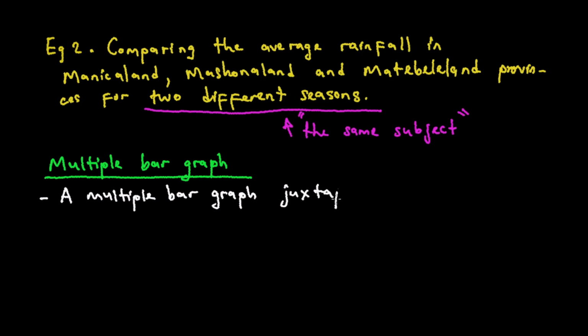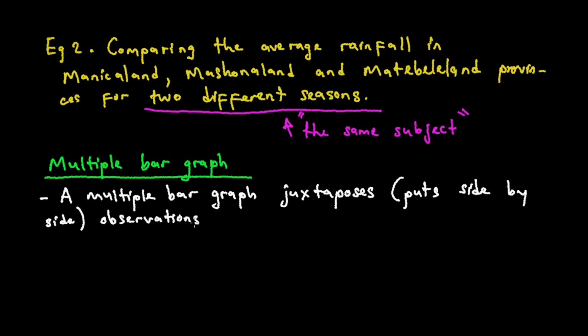This might be a new English term for some of you. To juxtapose means to put side by side, the observations of the same category. Here it says of the same category, and this is very vital. We are going to illustrate what we actually mean by that.